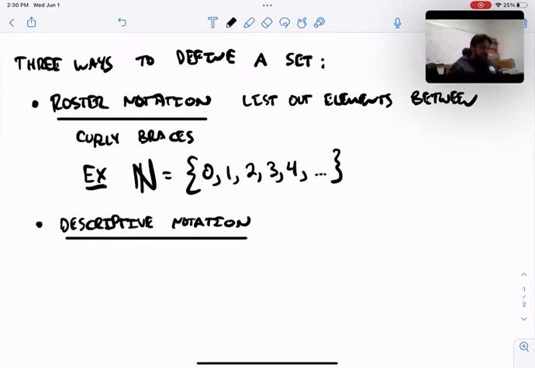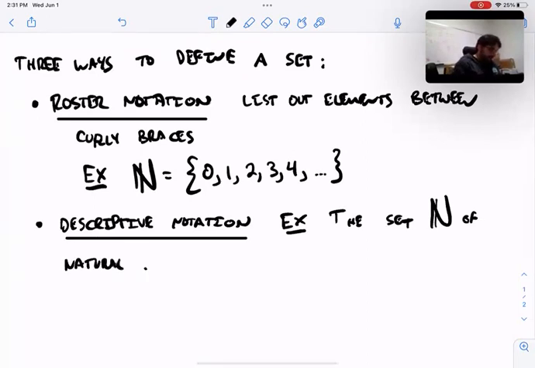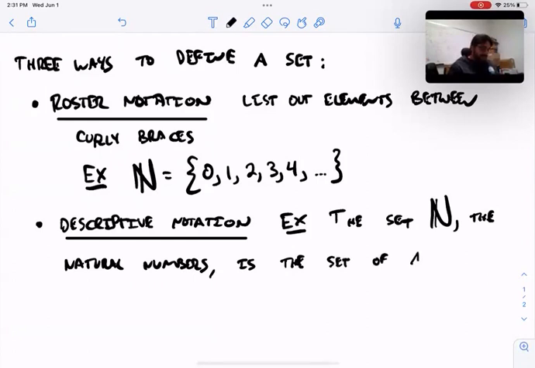So you could say something like, the set ℕ of natural numbers is the set of all non-negative whole numbers.